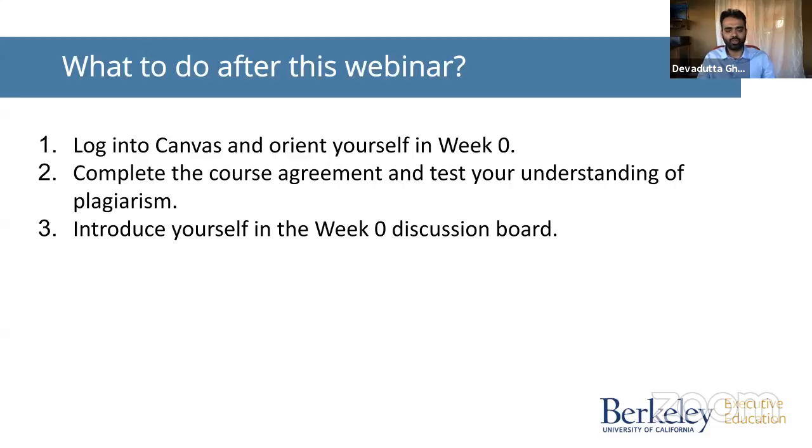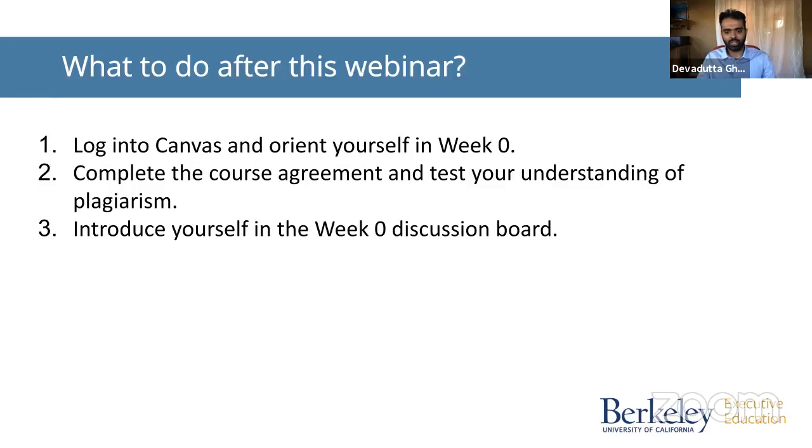So what you should do right after this webinar is log into Canvas and orient yourself as week 0. What it means is you just log into Canvas, see where the modules are, what the tabs are like, complete your course assignment and introduce yourself in the week 0 discussion board.